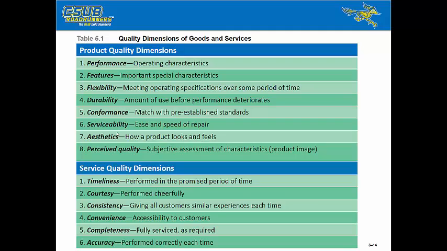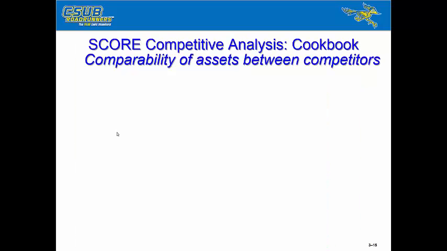Convenience, is your service accessible to customers? Completeness, is the service delivered completely as required, in full? And accuracy, is the service performed correctly each time? So all of those are sub-criteria that you could use for a market positioning map to distinguish between competitors.